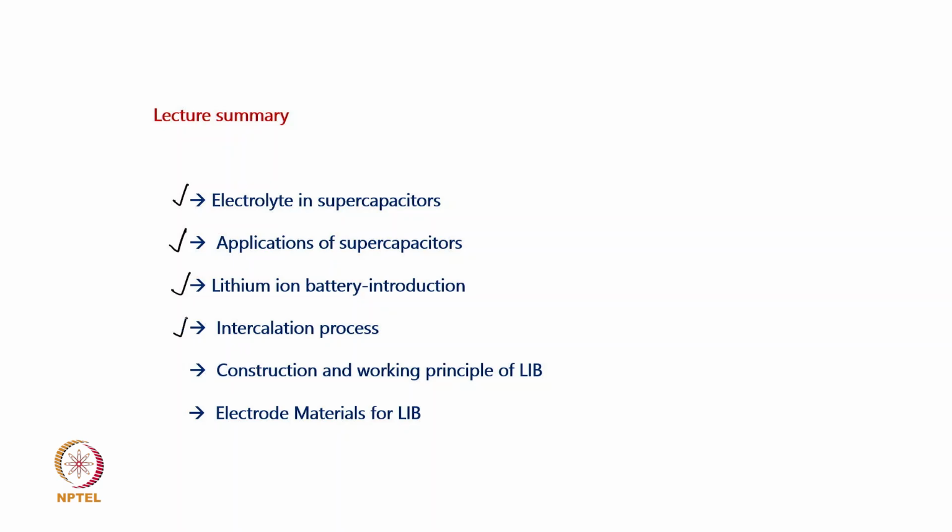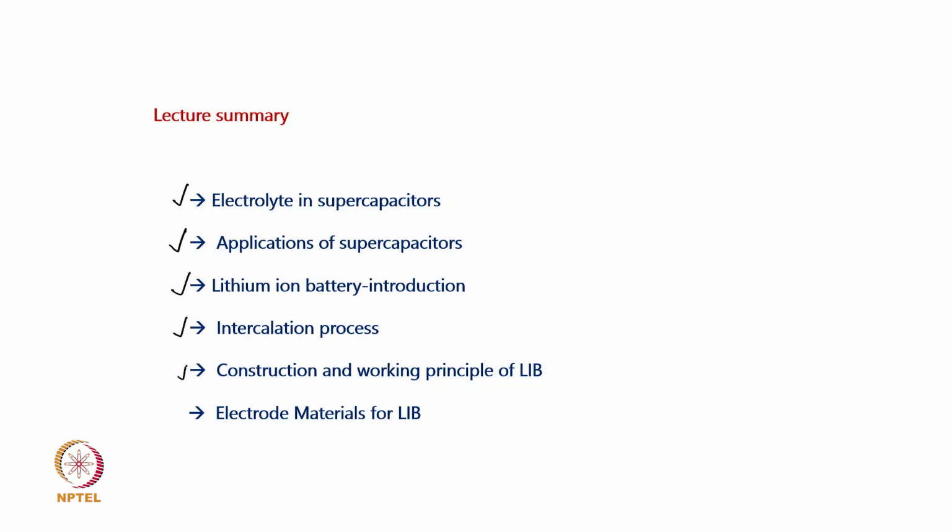Then we introduced a physical process known as the intercalation process, how different ionic species, for example lithium ions, get intercalated into different materials or into the planes of the material. Then we discussed the construction of a lithium ion battery, what its components are and how it works, that means its working principle.